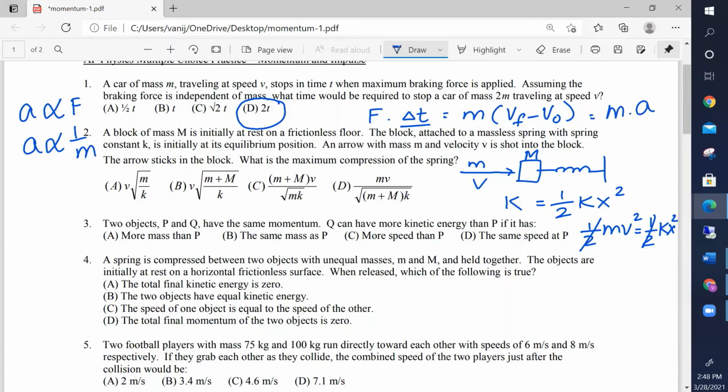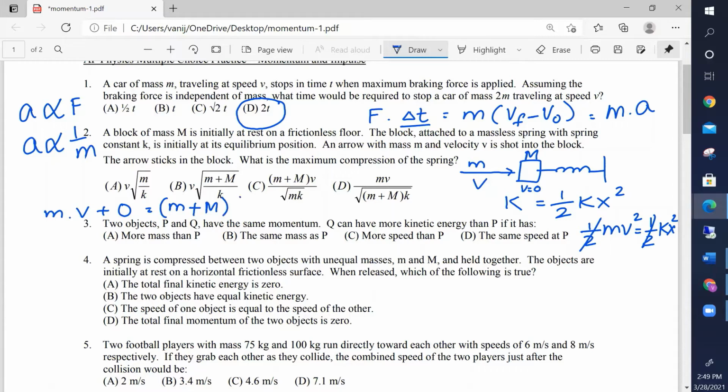The mass of the arrow times the velocity with which it is traveling, plus the mass of the block, which is initially at rest so its v is equal to 0, so the initial momentum of the block is 0, would be equal to (m plus m) times the final velocity, because the two masses are embedded together upon collision.